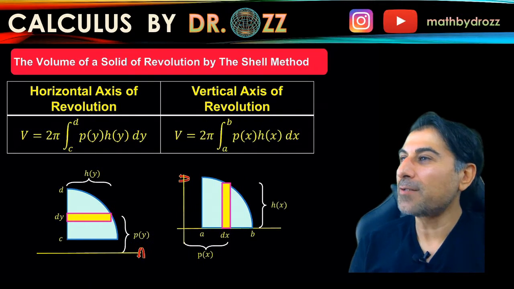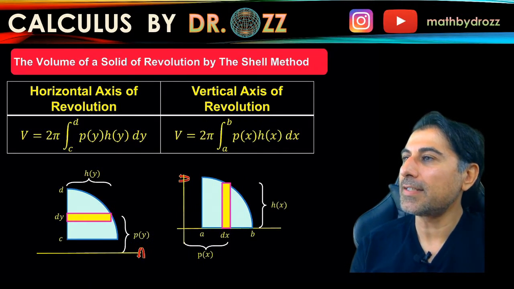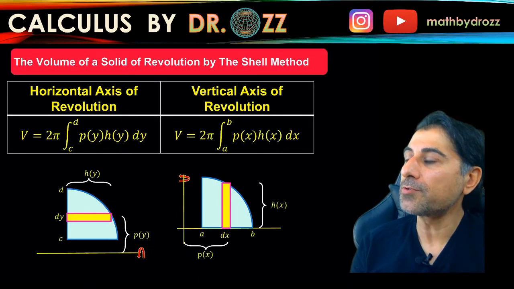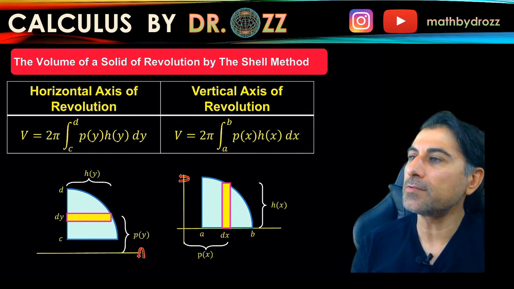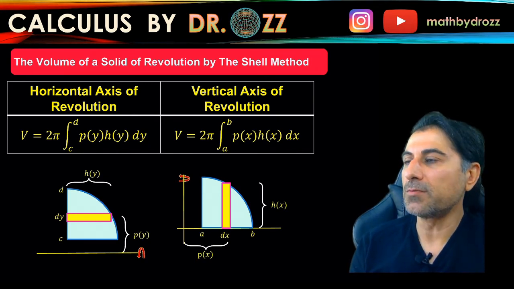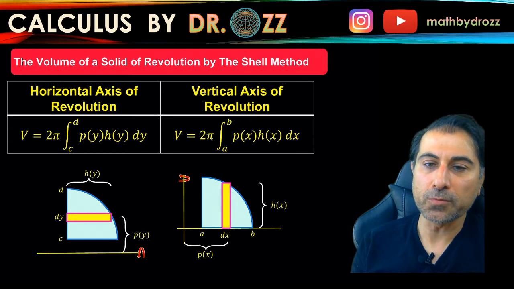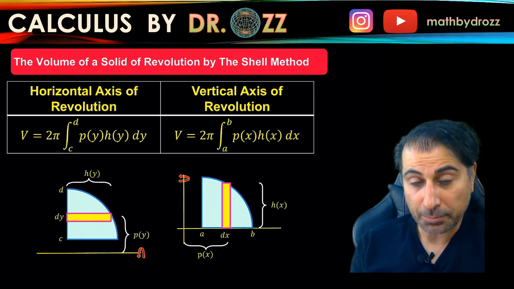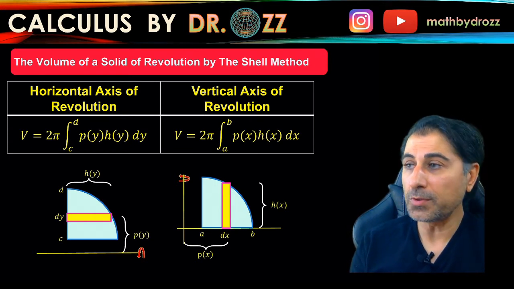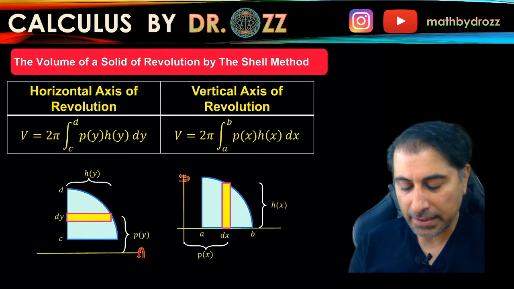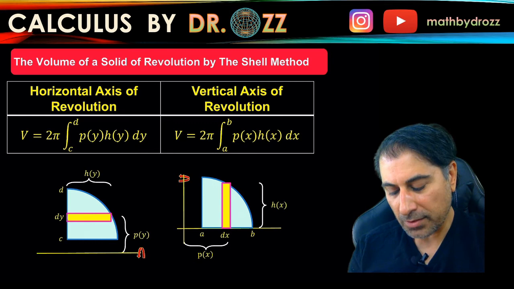All right, let's summarize this concept called the shell method. We have two different types of axes of revolution. One is the horizontal, the other one is the vertical. The representative example I just went through was for a horizontal axis of revolution. As you see, I chose rectangles.